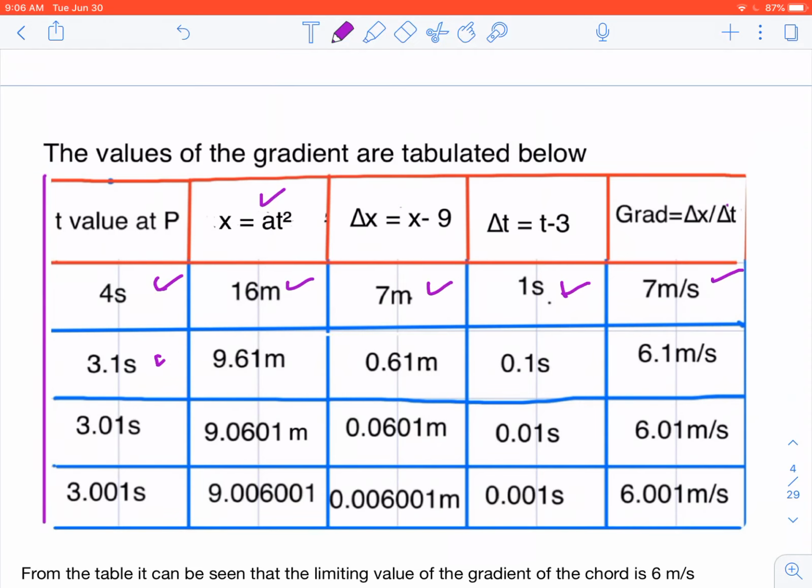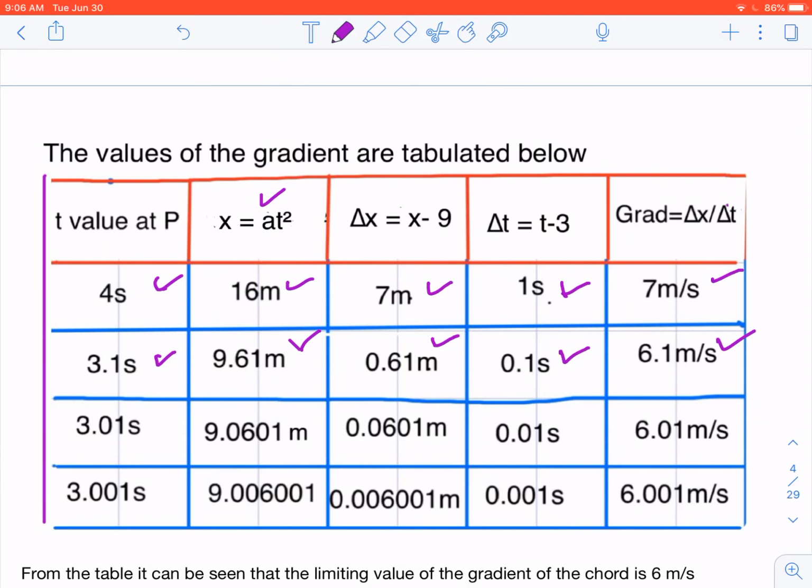Then I took 3.1 and we find that at 3.1 x was equal to 9.61 and the change is 0.61 meters, and the time was 0.1 second, and see what the velocity was. Okay, the velocity is 6.1 meters per second.